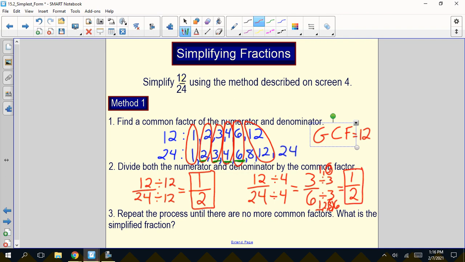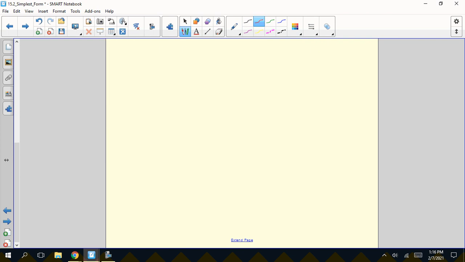Now this time we had to do a little bit more work because we had to divide by 4, then 3. But we still get to simplest form, and it's the same fraction. Now, that could be done any way. We could have used 6 and then divided it by 2.